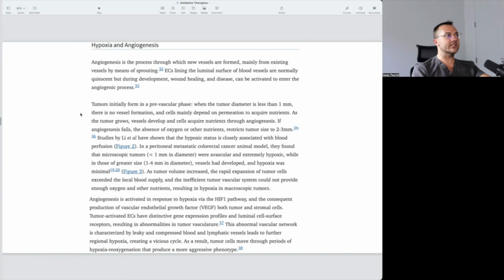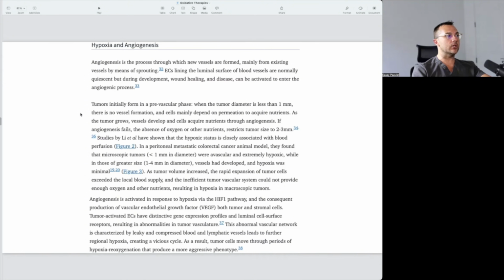If the angiogenesis fails, the lack of oxygen or other nutrients restricts the tumor size to 2 to 3 millimeters. Studies by Lee et al. have shown that hypoxic status is closely associated with blood perfusion. In the peritoneal metastatic colorectal cancer animal model, they found that microscopic tumors less than 1 millimeter in diameter were avascular and extremely hypoxic, while in those greater than 1 to 4 millimeters in diameter, vessels had developed and hypoxia was minimal.